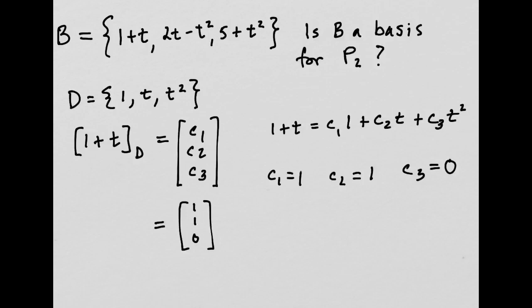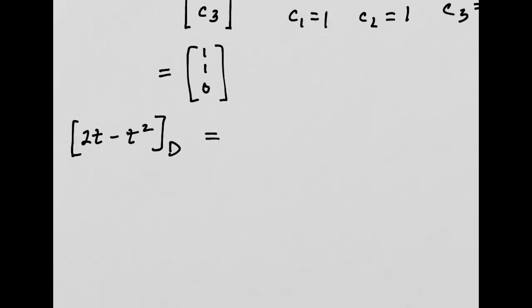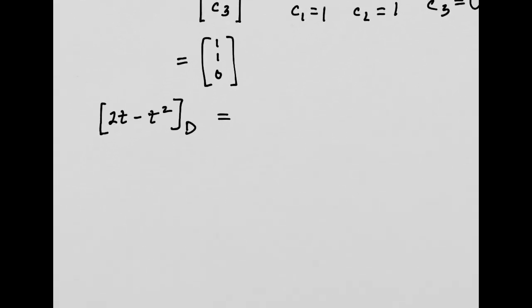And let's do another one. Let's do the next one, 2t minus t squared. And you'll see how easy it is to just observe this. I'm going to think of this vector 2t minus t squared as something times 1 plus something else times t plus something else times t squared. Well, there's no constant term in here, so the first component is going to be 0.